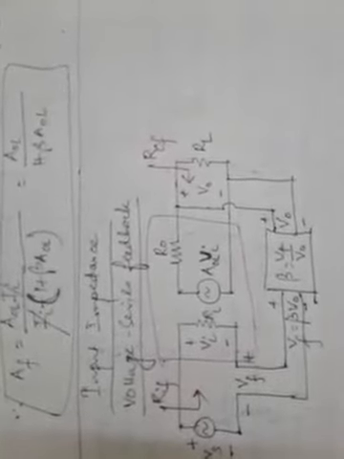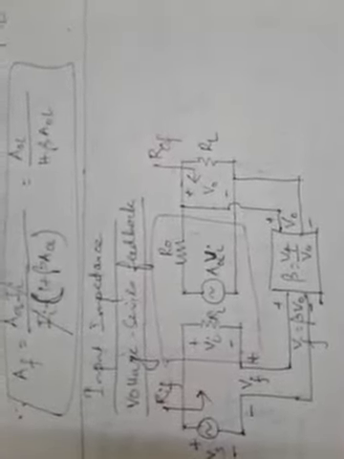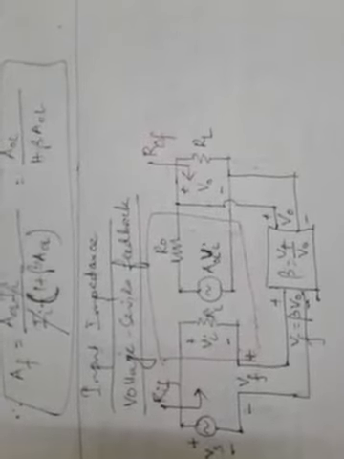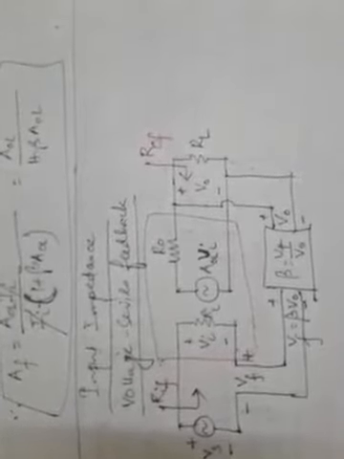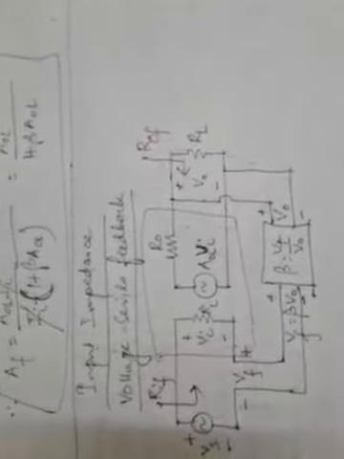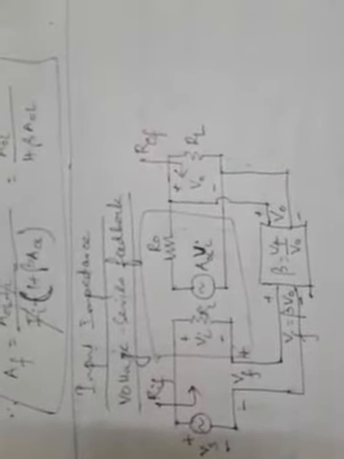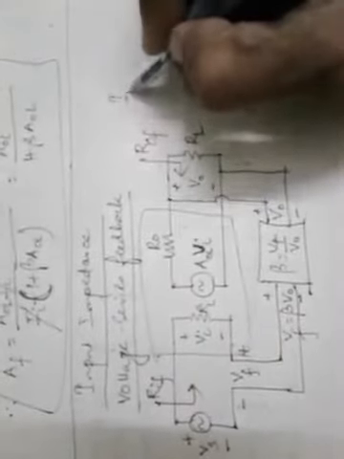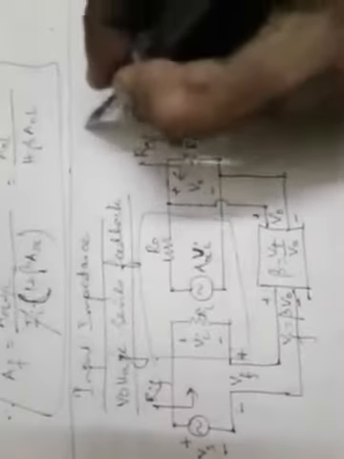Now let us first see the effect on input impedance, or input resistance as it may also be called. The input impedance can be determined with a simple calculation. We can write II is nothing but Vi by Zi, if we consider Zi as the input impedance.